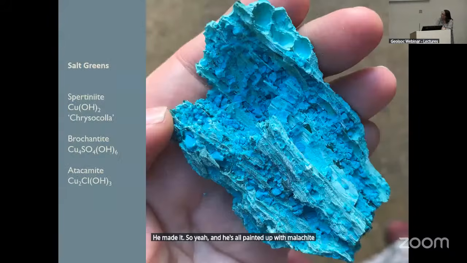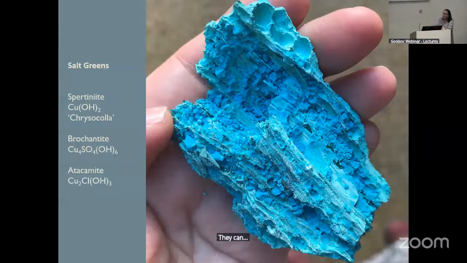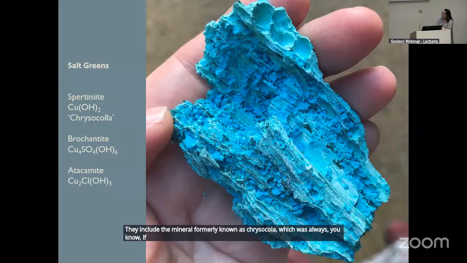And then lots of other copper salts, which art historically tend to be called salt greens. They include the mineral formerly known as chrysocolla, which, if you go to the old mineralogy books, will tell you it's a copper silicate.